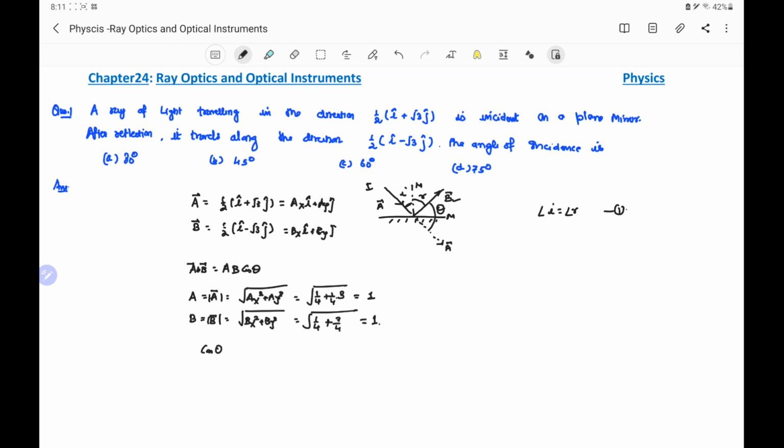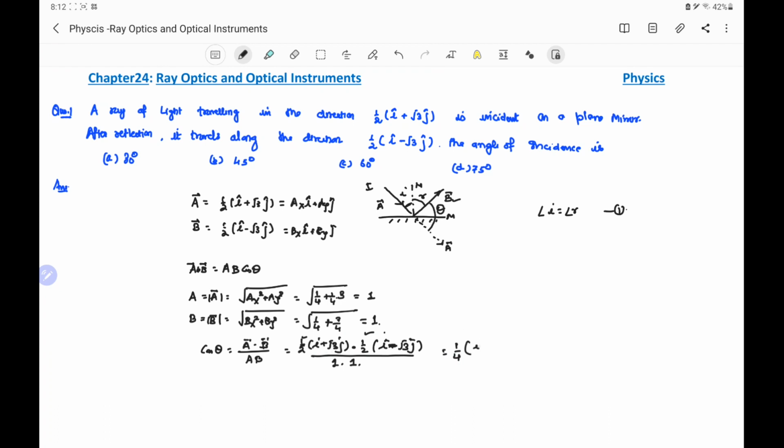Therefore, cos theta will be equal to the dot product of vectors A and B divided by the magnitudes of A and B. The dot product gives (1/2 i plus root 3 j) dot (1/2 i minus root 3 j), divided by the magnitude of A, which is 1, and the magnitude of B, which is 1. So it will give 1/4, using this 1/2 and 1/2, and the remaining is (i plus root 3 j) and (i minus root 3 j).